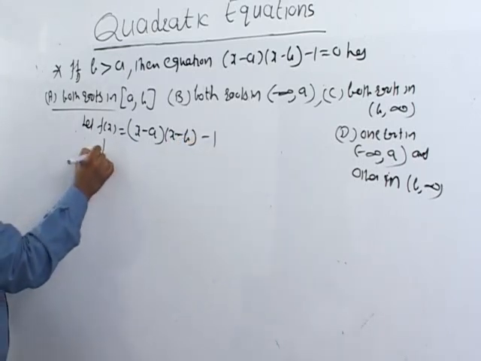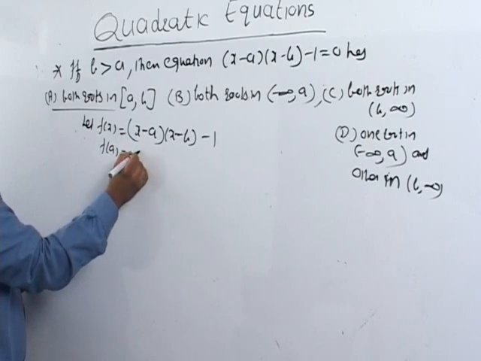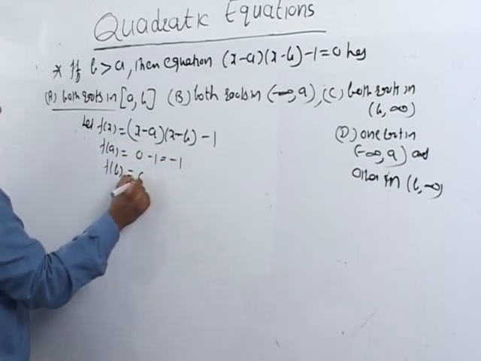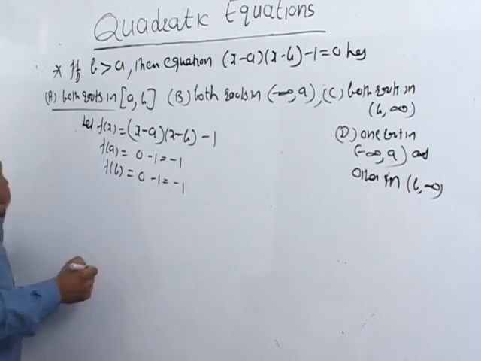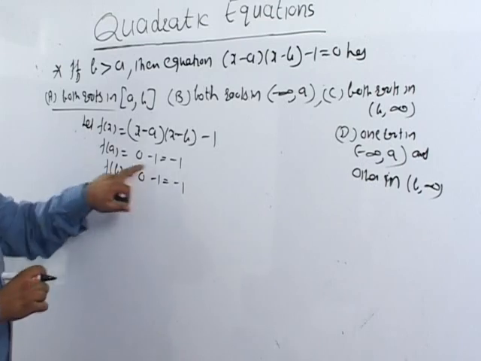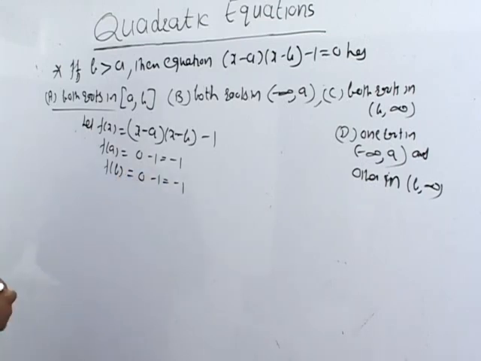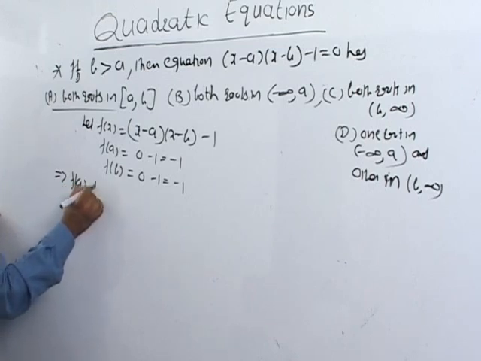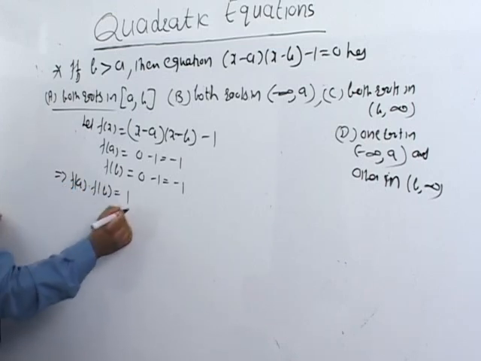Now f(a) is 0 minus 1, which is minus 1. f(b) is 0 minus 1, which is minus 1. So we got the values f(a) and f(b) as minus 1, minus 1. Now f(a) into f(b) is equal to 1, which means positive.